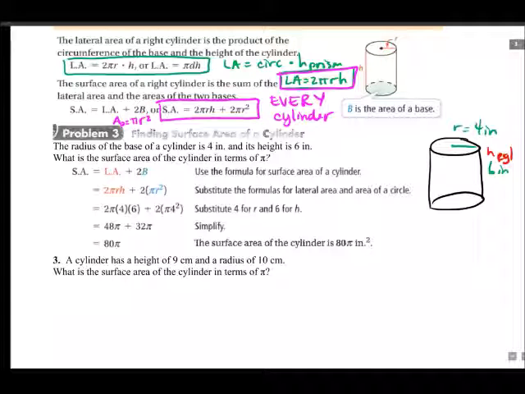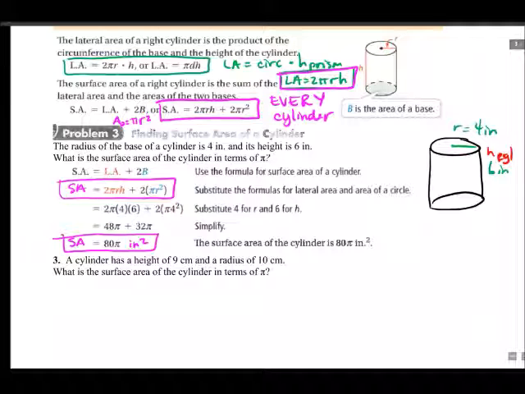And we simply write our formula, substitute in radius, and we write this formula here. 2 pi RH, 2 pi r squared, substitute in, and we end up with 80 pi inches squared for surface area. This is in terms of pi.